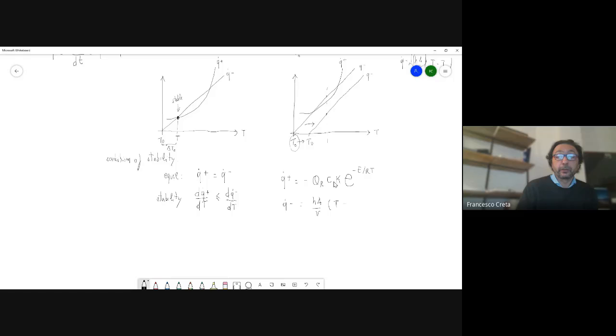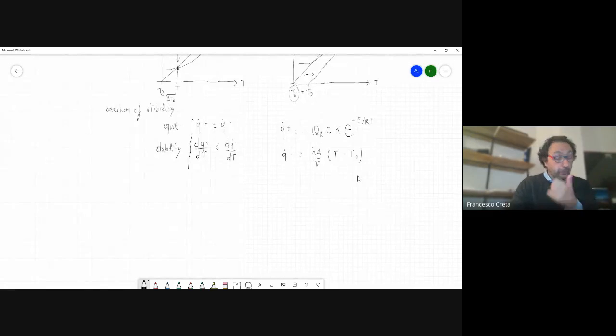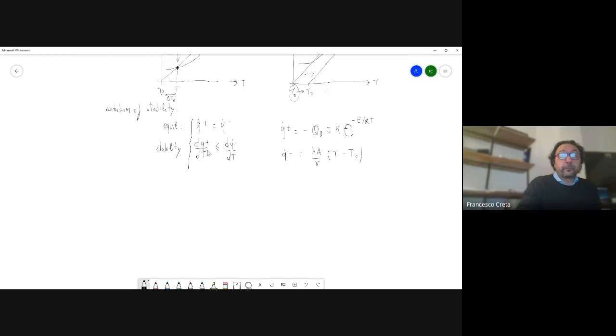It's linear. So what do we do? Well, we implement these two conditions. So let's do the derivative first.